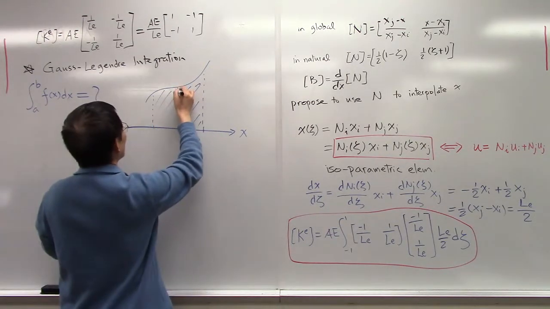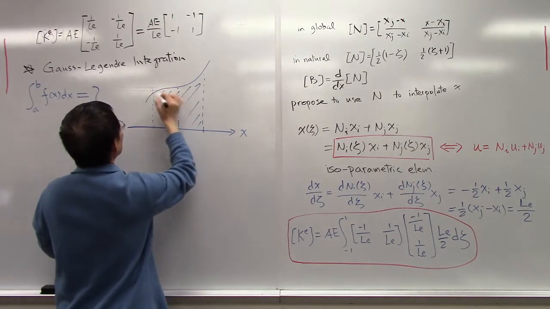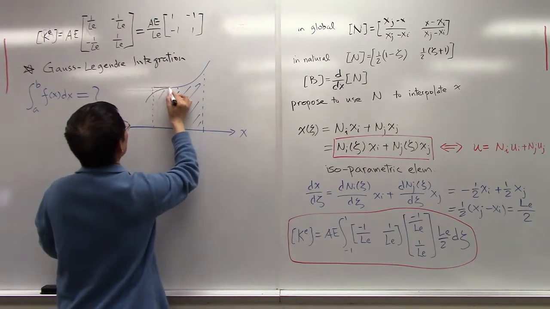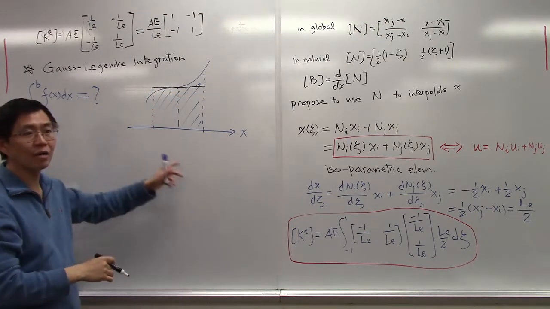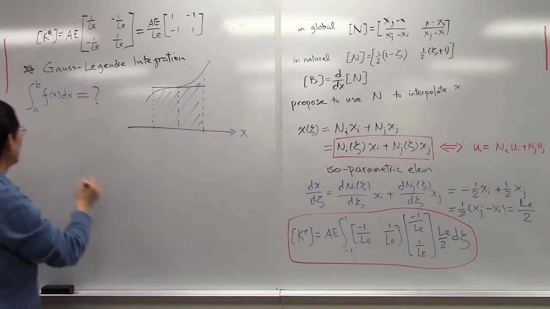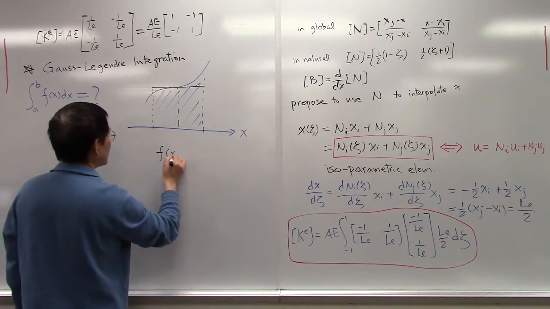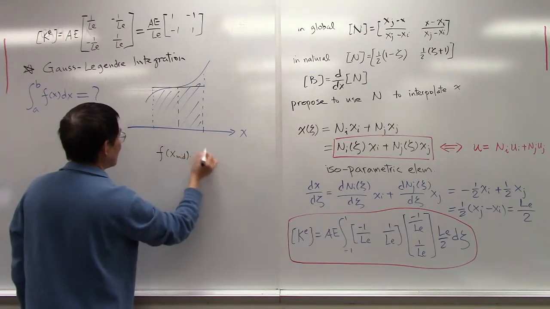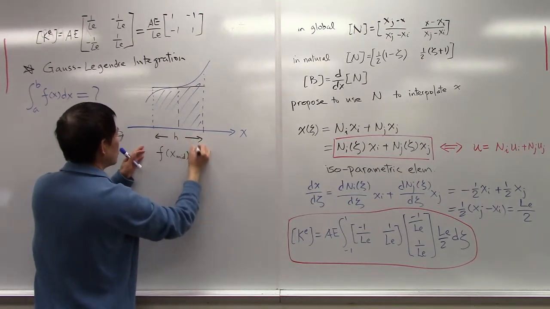If I pick the middle point here, and then times the base, effectively what I'm doing is I represent the area by a rectangle like this, right? And so the formula becomes f of x middle point times the base. The base, I will call it h, okay?